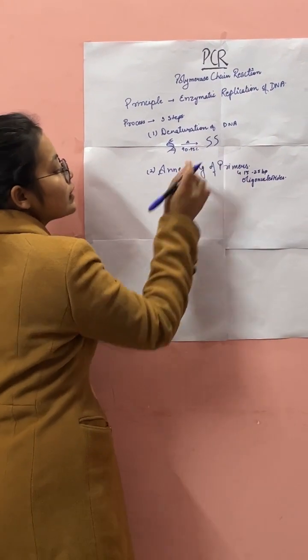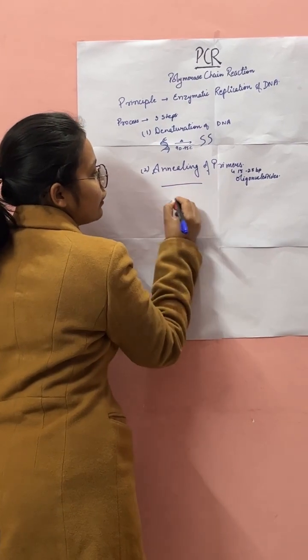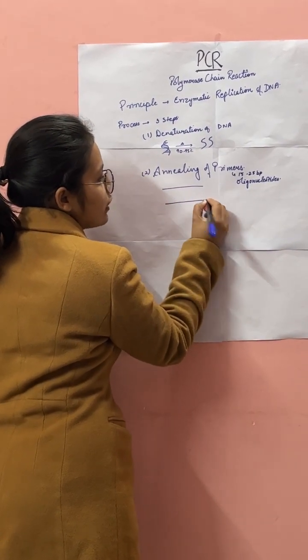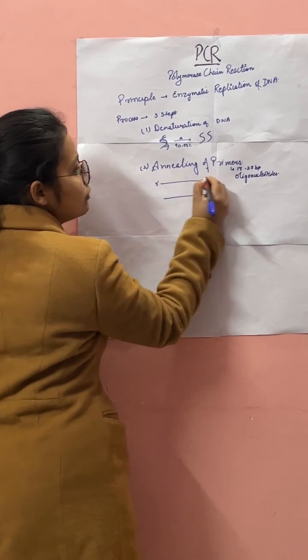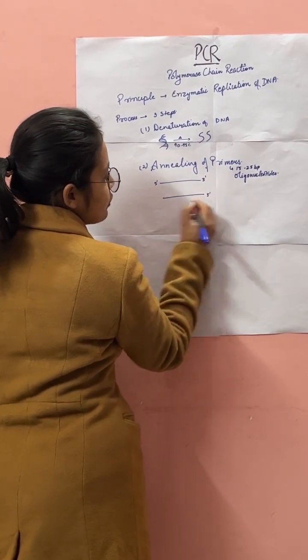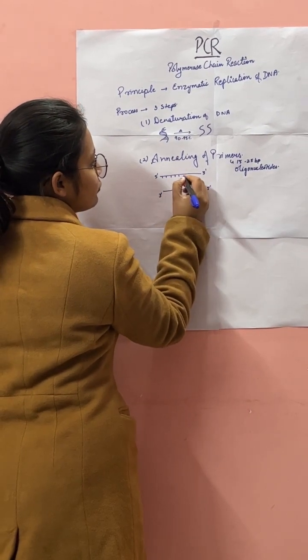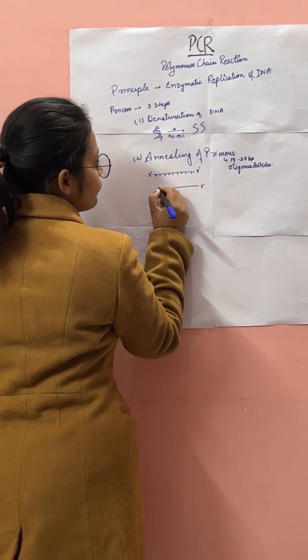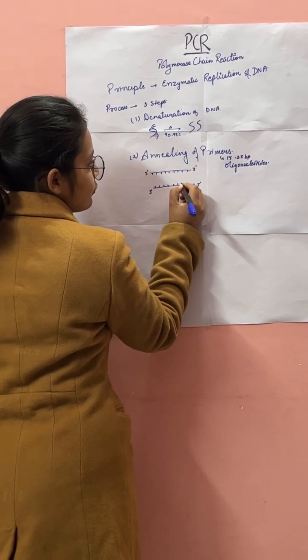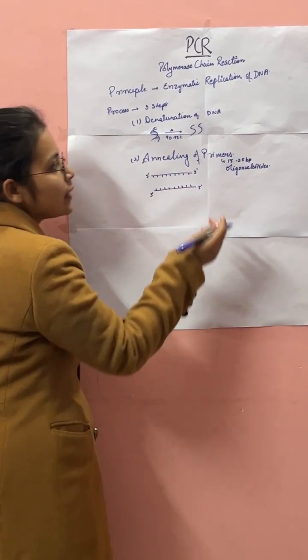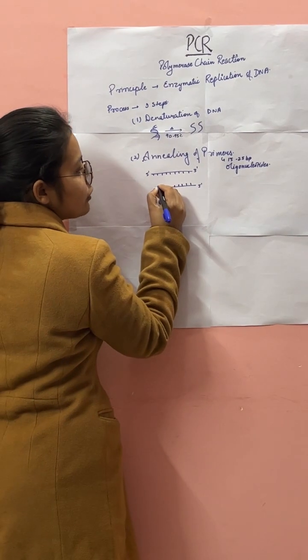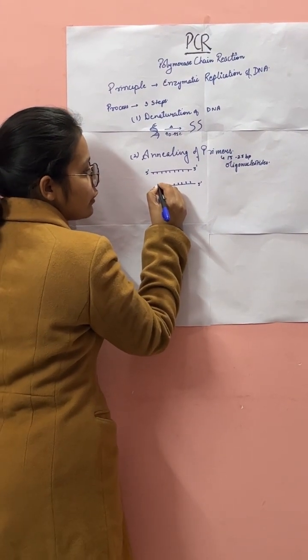So now these single strands of DNA, these two single strands both having polarity 5' to 3'. These primers come and bind to the 3' end.